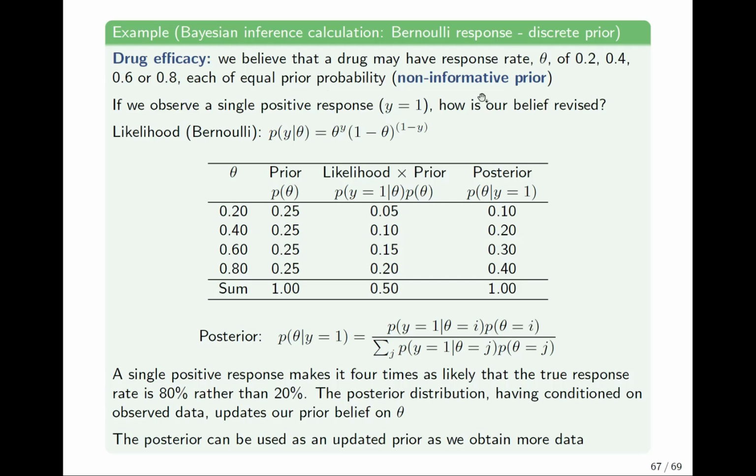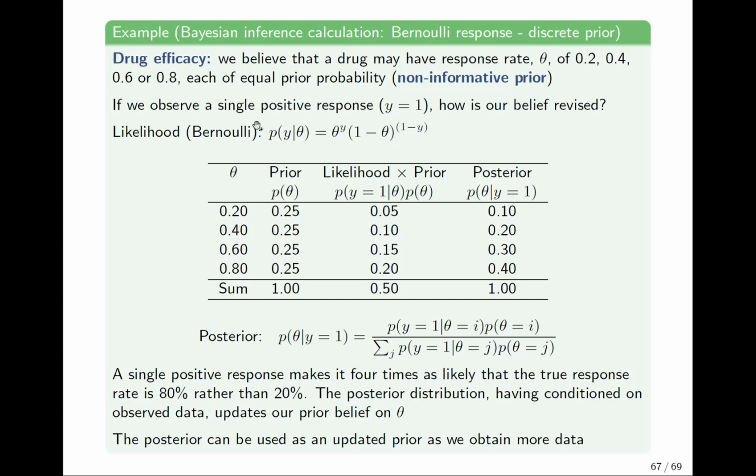So prior to seeing the data, we don't really know which of these response rates is going to be more probable, so we're going to place an equal probability in each of them, a so-called non-informative prior. So the question is, if we observe a single positive response, that is y equals 1 rather than 0, how is our belief going to be revised?